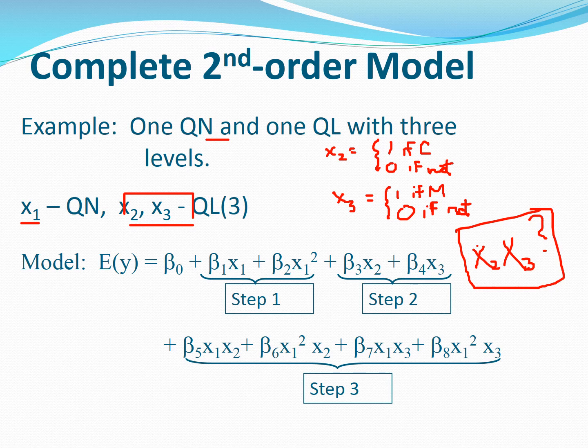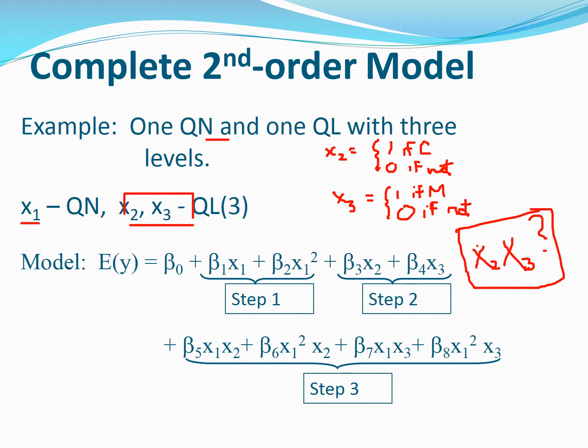But what if there was another qualitative variable? What if we're trying to predict the price of a car? What if x1 is mileage, and then I have the 3 models, and then I have another qualitative variable that is, say, x4, 1 if it's a convertible, 0 if not. Does a car being a convertible have anything to do with the price?